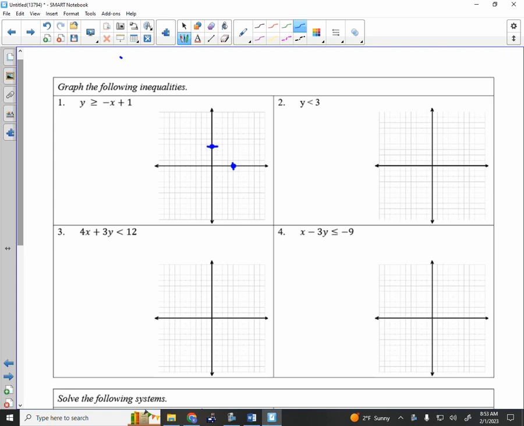It will be a solid line because there's an equal sign. It says y is greater than. So if y is greater than, will I shade above or below? I will shade above. And that is the solution to the system.